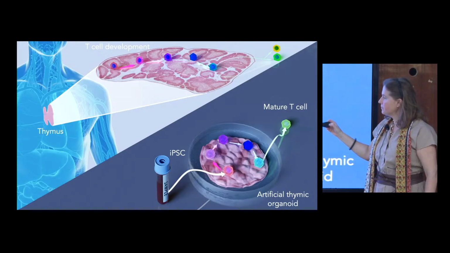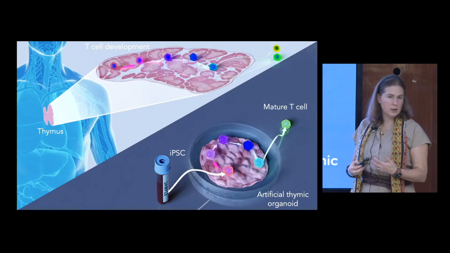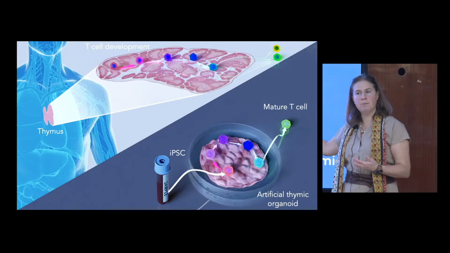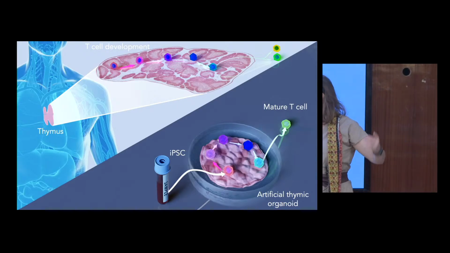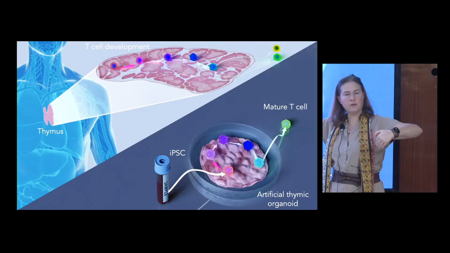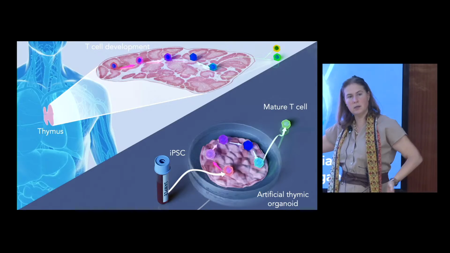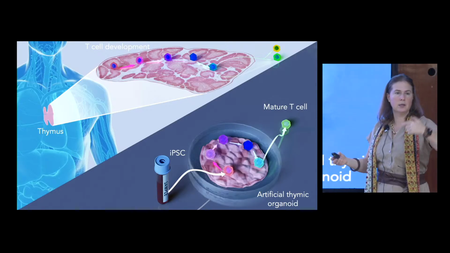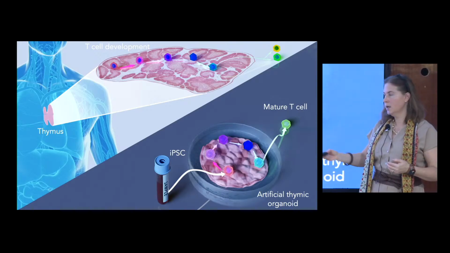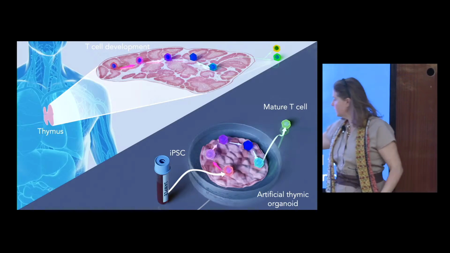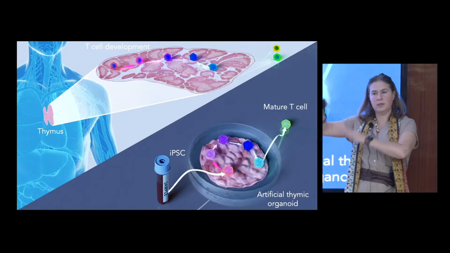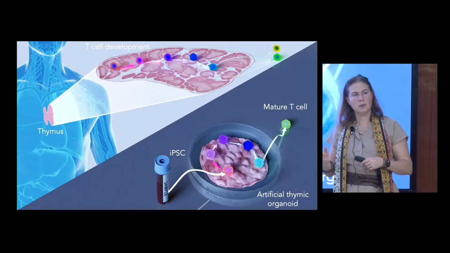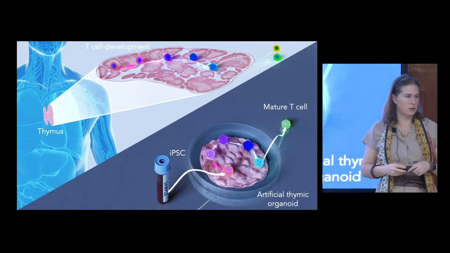And what she can do, of course, is modify this protocol by engineering the iPS cells with different transcription factors that need to be upregulated based on the in vivo thymic data, and also add different factors into the dish during the protocol in cell culture.